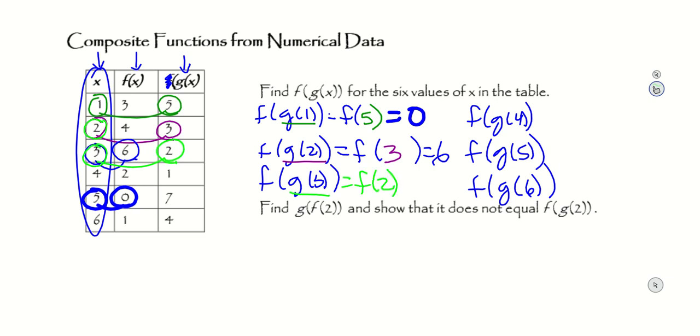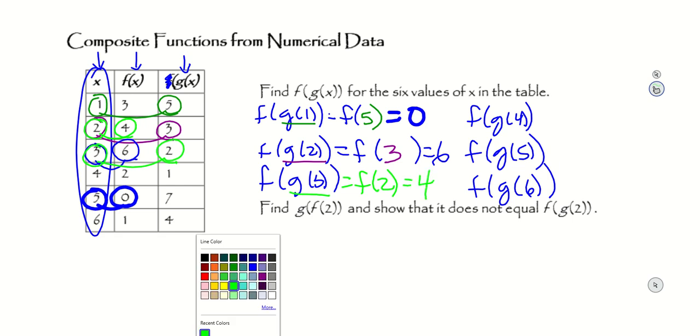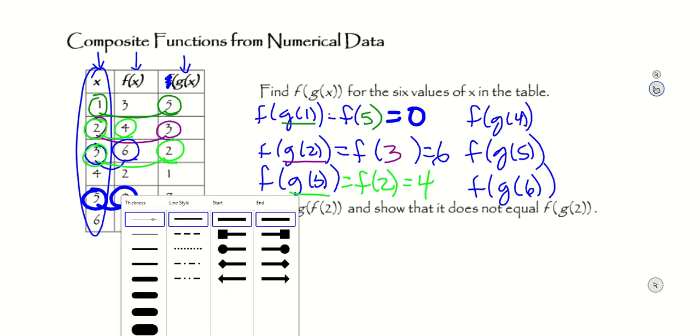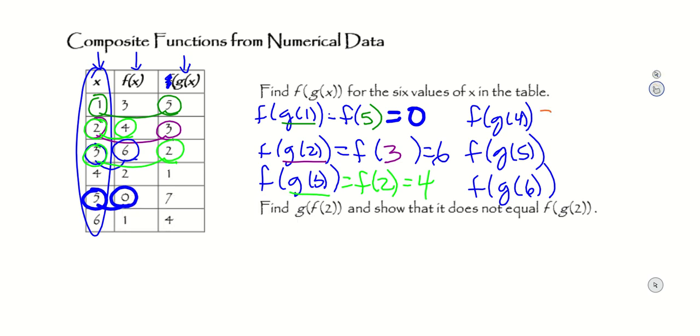And when 2 is my input, f's output is 4, so that gives me 4. I want to find f of g of 4. So I'm going to start with 4 as my input. I want g of 4, which is 1. So this is f of 1. 1 now is my input. I want my output for f, which is 3. This is 3.